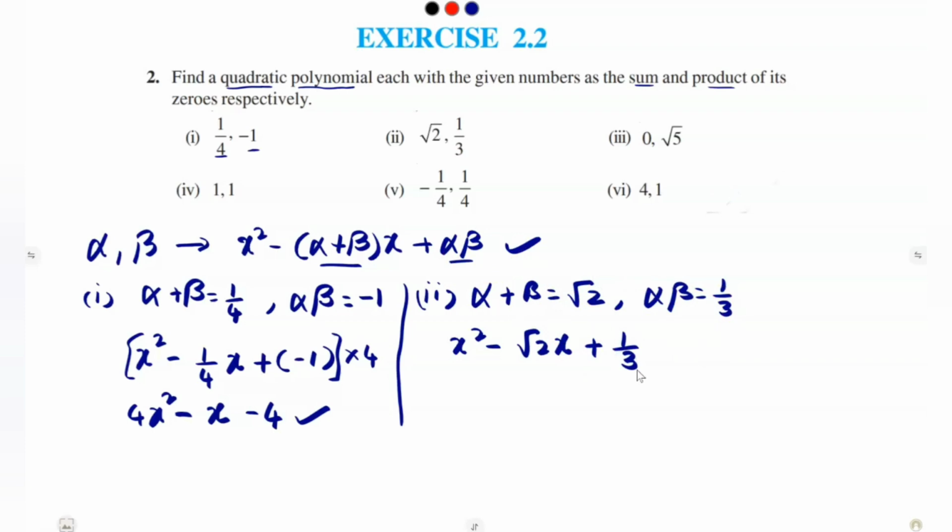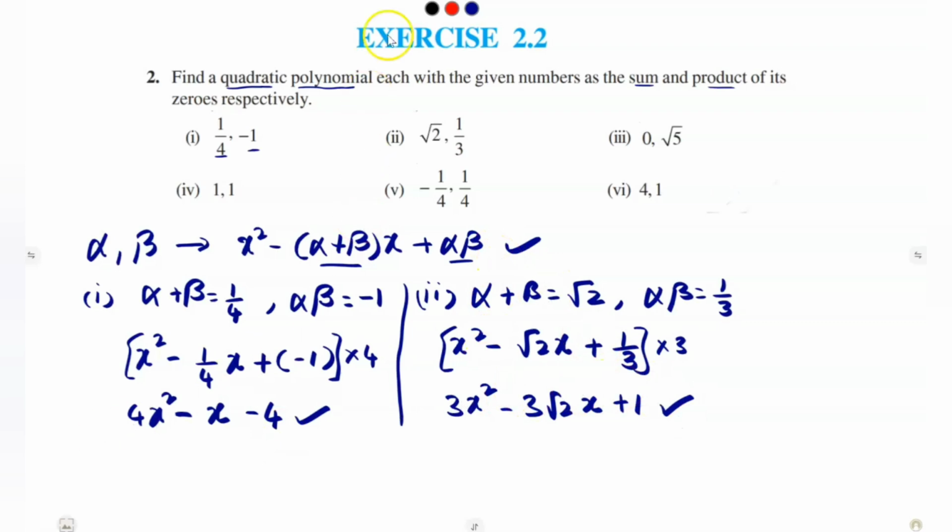So this is the polynomial. To remove this fraction, let us multiply everything by 3. So 3 into x square, 3x square, minus 3 root 2 x, plus 3 into 1 by 3 gives you 1. So this is the polynomial for the second question.